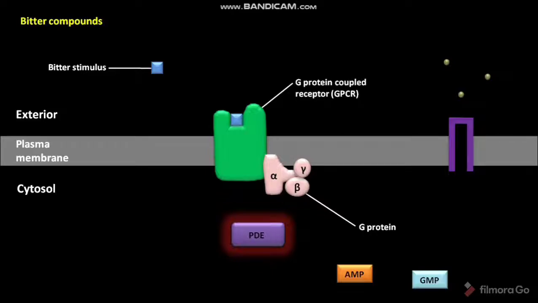This decreased cAMP concentration may cause the closed ion channels to be opened. Through opened ion channels, the Ca2+ ions present exterior to the taste cell move into the cytosol. As a result, a membrane depolarization occurs.